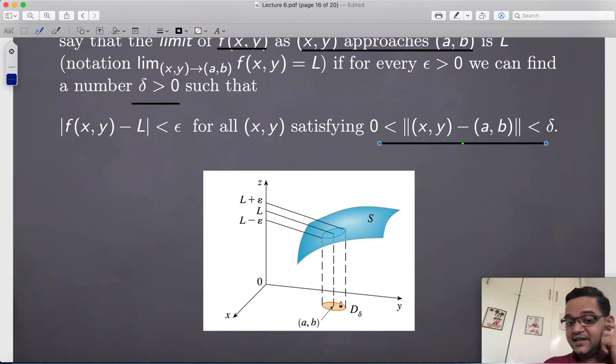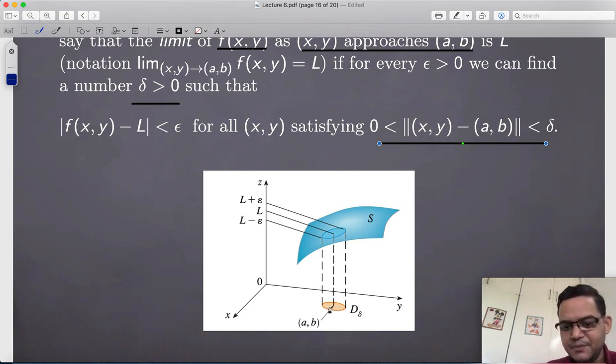This approach is happening in R2, so you have to approach from all possible directions. This is very important. I am not approaching the point (a, b), let's say, only along the x-axis or along the y-axis. I am approaching it through a small disk around it, so I am considering all possible points around it. This is very crucial in the limit.